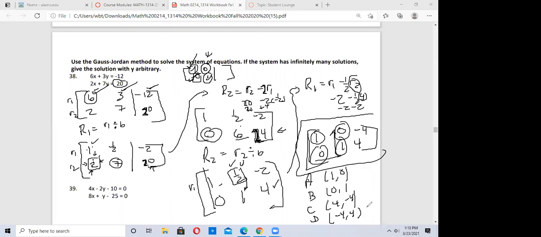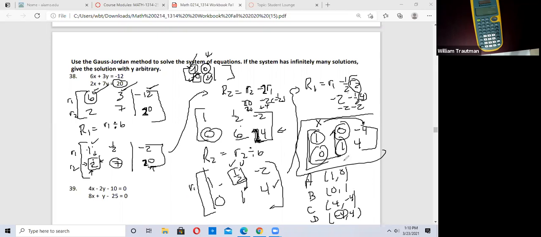D. Yes, it's D. X is the first one, negative 4, and Y is the second row, 4. So the answer is D, where X equals 4, Y equals negative 4. And it can be written in coordinate form. X goes first, Y goes second.